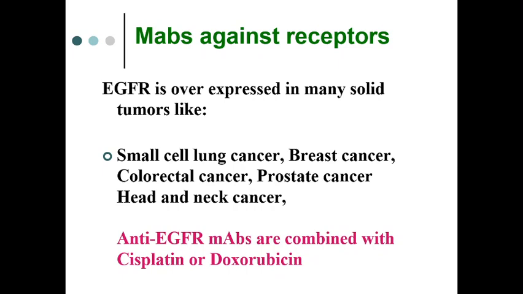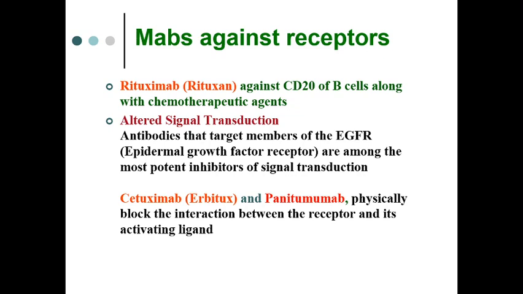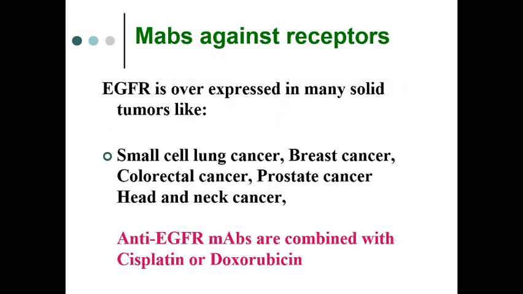And if one conjugates these monoclonal antibodies, cetuximab and panitumumab, with a chemotherapeutic drug like cisplatin or doxorubicin, both of which are toxic drugs, they can be delivered to patients suffering from small cell lung cancer, breast cancer, prostate or colorectal cancer or head and neck cancer who overexpress EGFR.